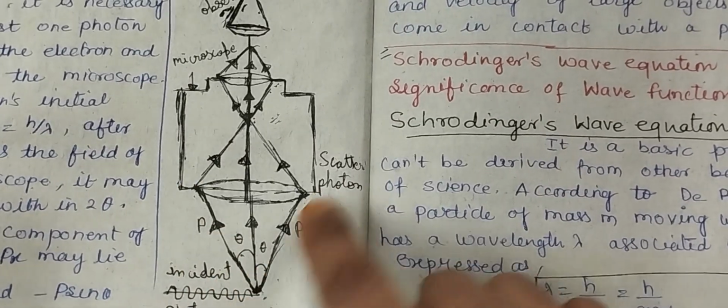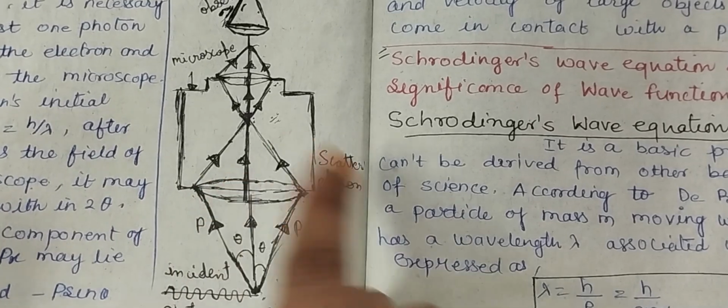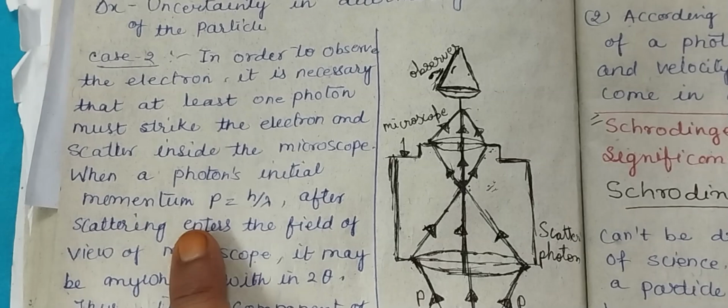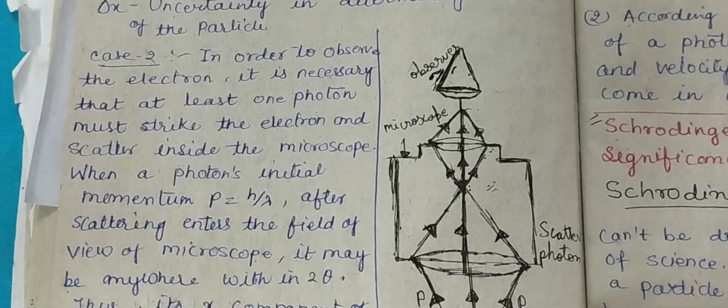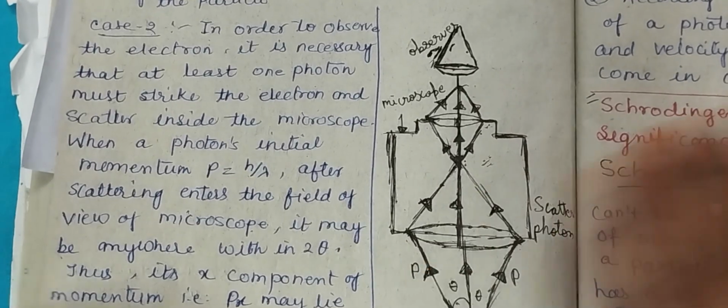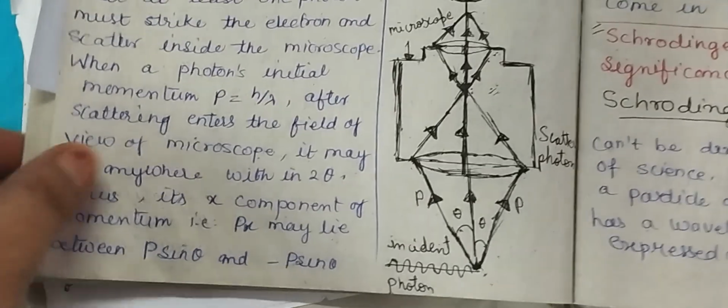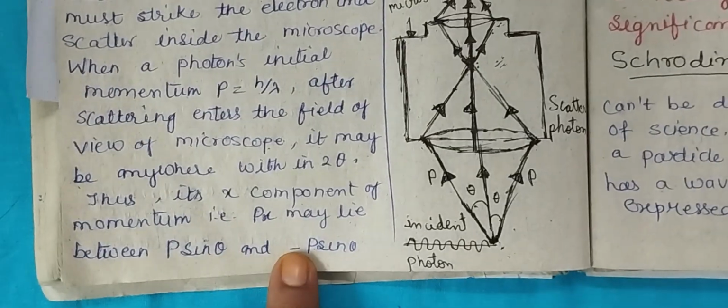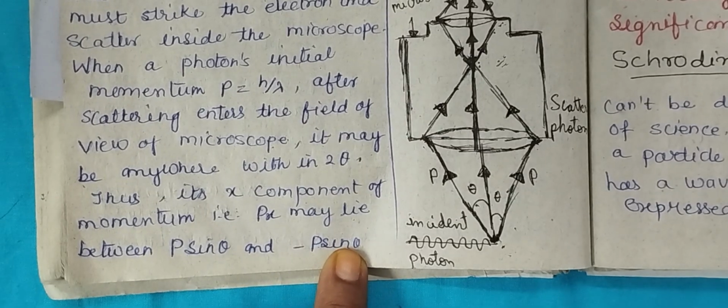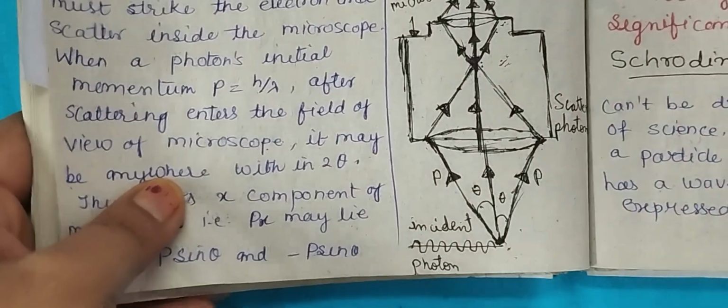Here and here, sin theta plus sin theta. Okay, in case 2, p equal to h upon lambda, and px will be p sin theta minus (minus p sin theta).